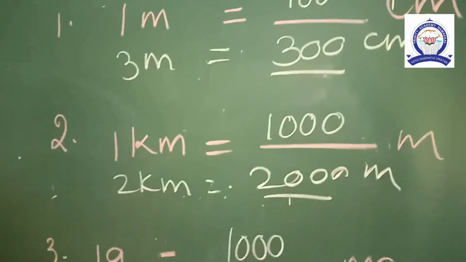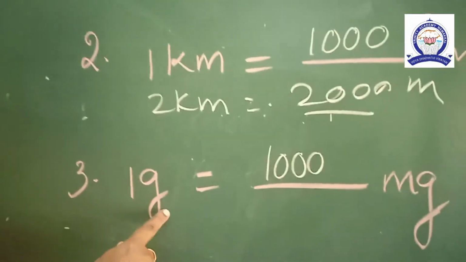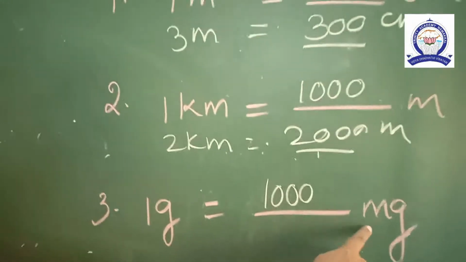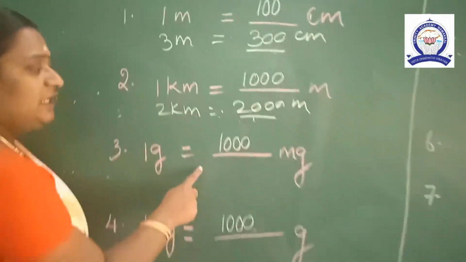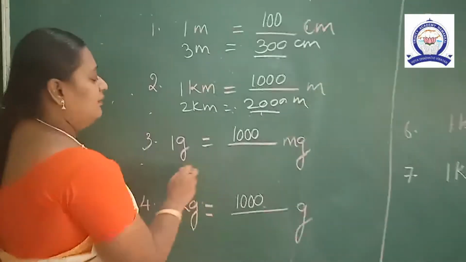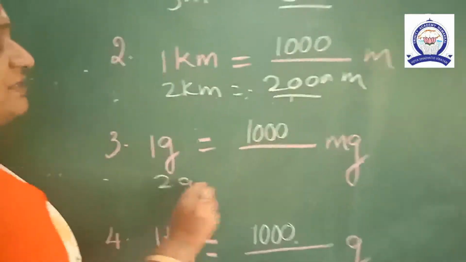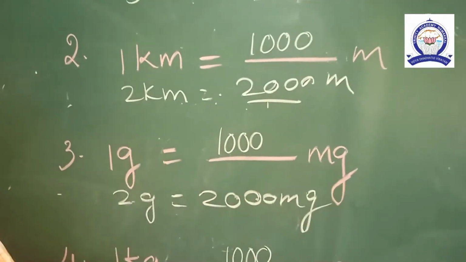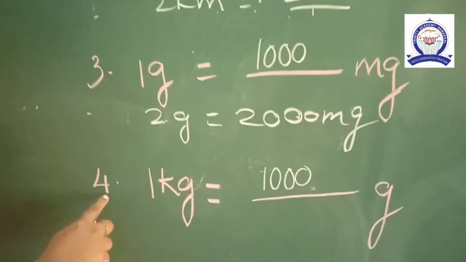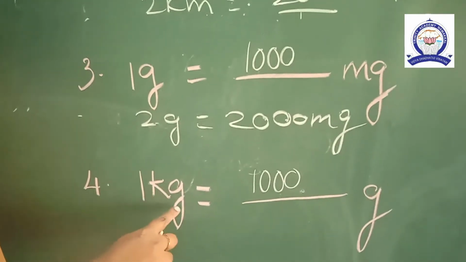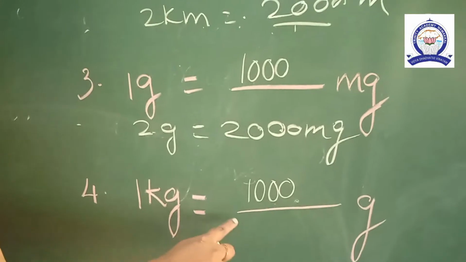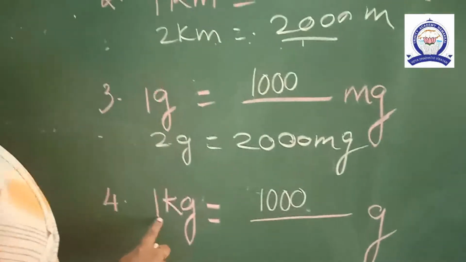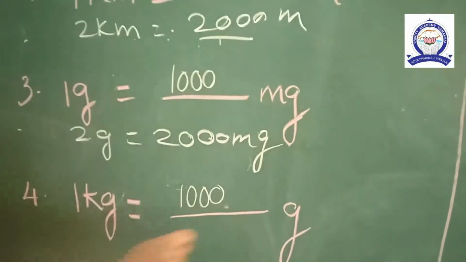Third question. 1 gram is equal to 1000 milligram. Similarly, 2 gram is equal to 2000 milligram. Next, fourth question. 1 kilogram is equal to 1000 gram.